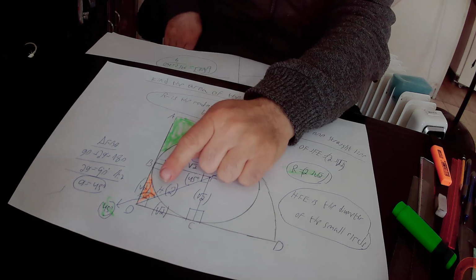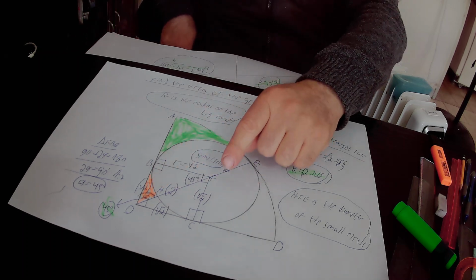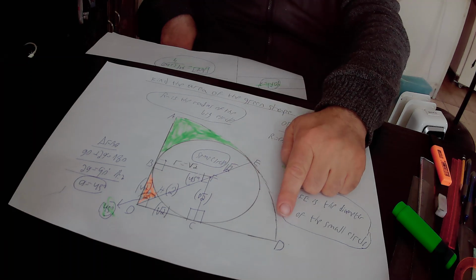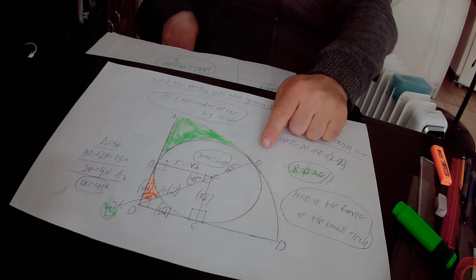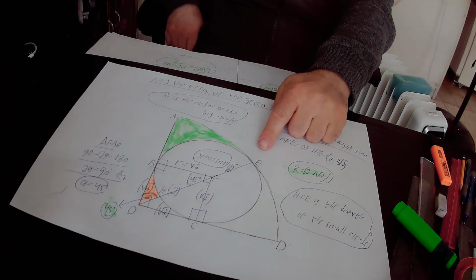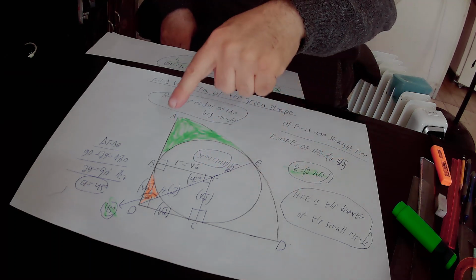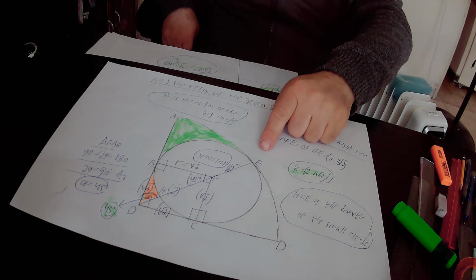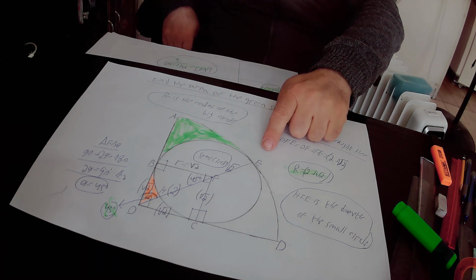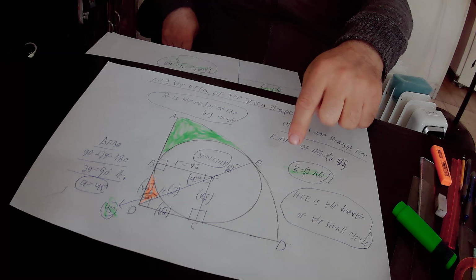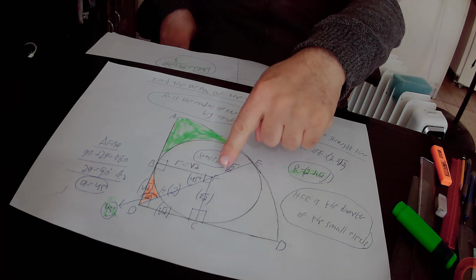We define the center of the quarter circle as O. We define this point as C. We define this point as D. This point is the touching point between this small circle and the big quarter circle. We define the touching point as E. And finally, we define the center of this small circle, this point, as F.